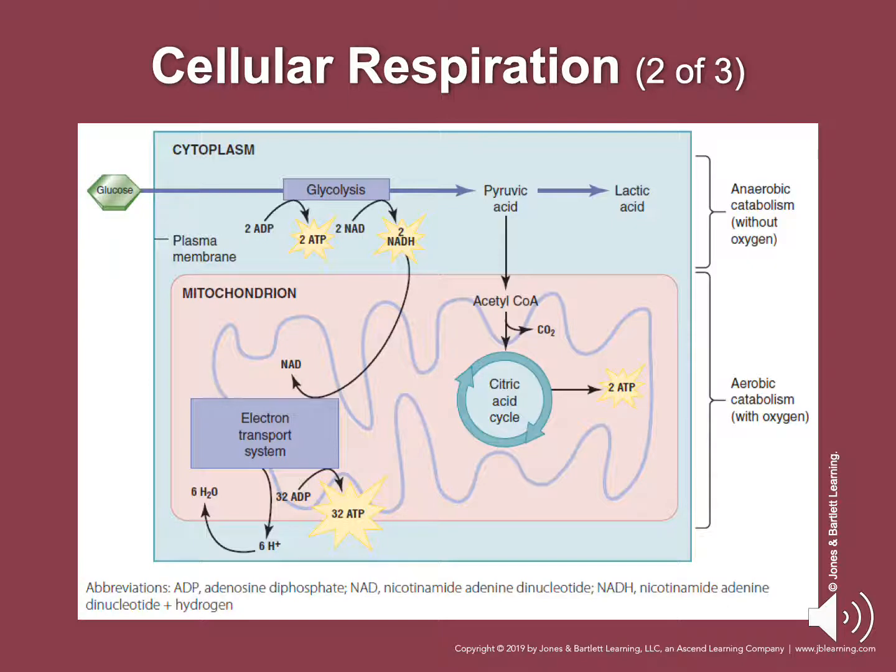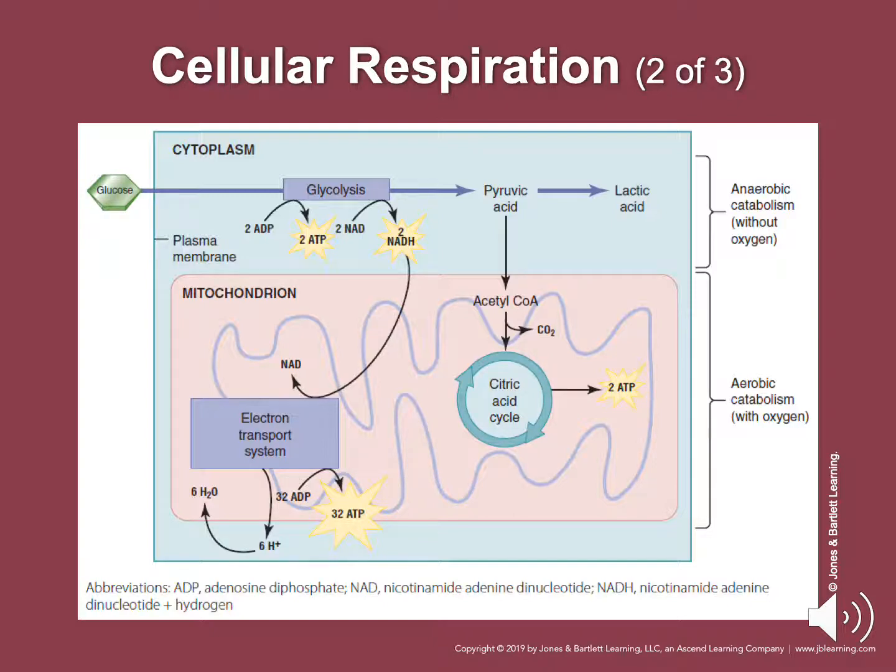So here's a diagram of cellular respiration. You got two ADP that transfer into two ADP, and two NADs that transfer into two NADHs, and that's just the hydrogen atom being transferred.